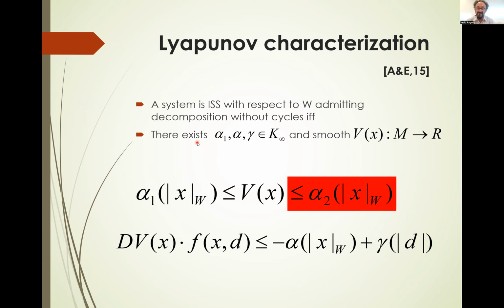This is not an accident, let's say. This is intentional because, of course, we all know that if we put back that K-infinity function, that is what we call set ISS. And in fact, it forces the set W to be Lyapunov stable. Okay, so it rules out all the applications that I wanted to deal with.